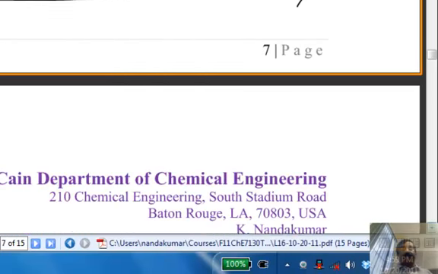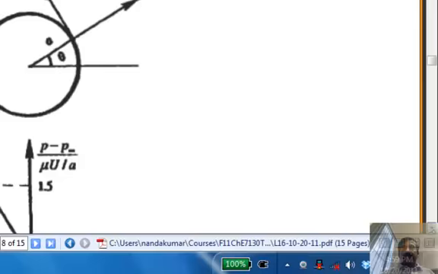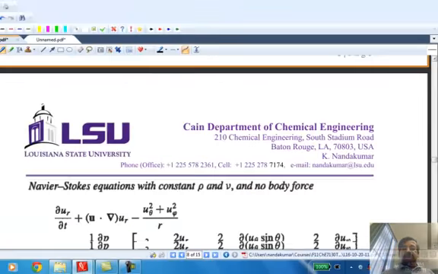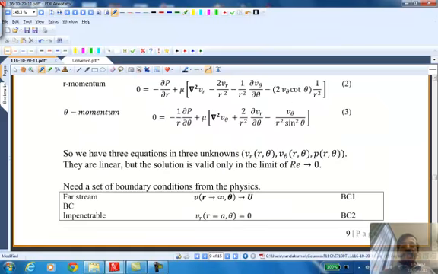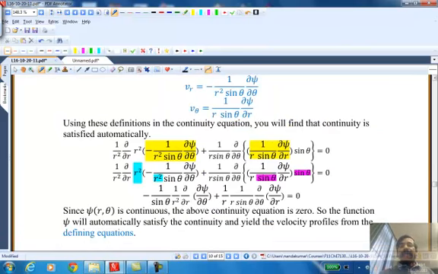You can do it either way. I guess I probably jumped ahead. That is the definition of the stream function in spherical coordinates that will automatically satisfy the continuity equation.